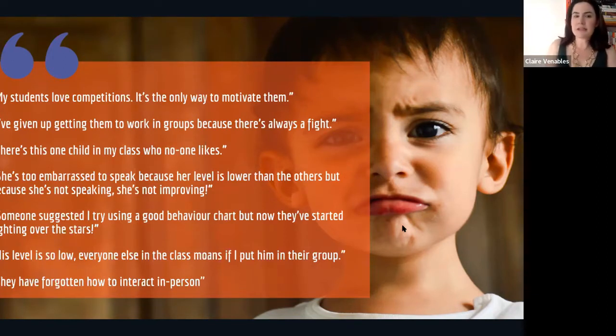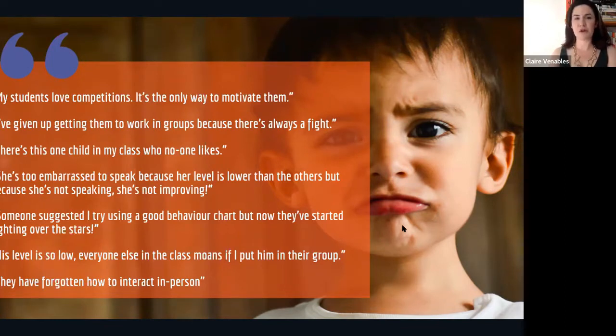And I suspect that what happens here is that every time you have a competition, there are going to be winners and losers. And depending on what your competitions are like, if you have competitions that are based on their ability to produce language, for example, then you're going to quickly find that within your class, you will have students who have a lower level of proficiency.